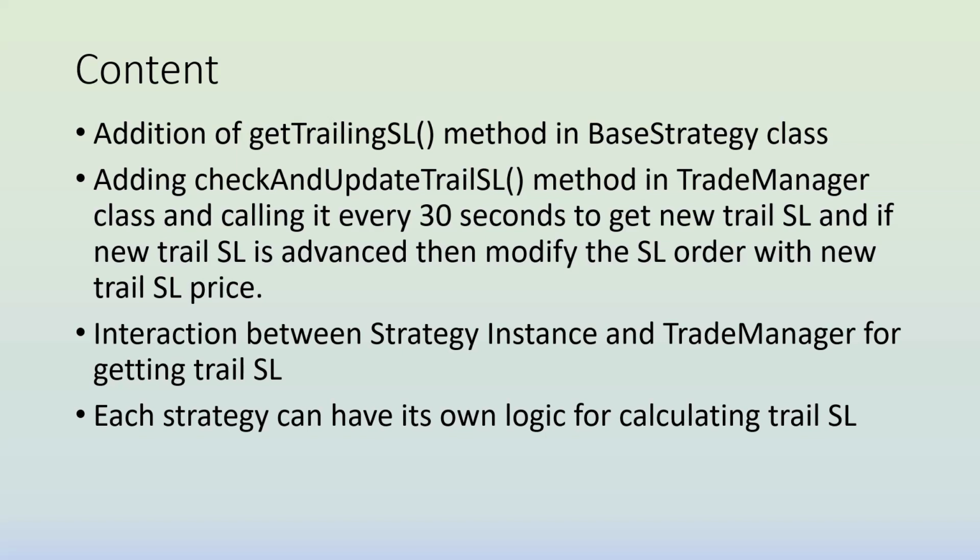Each strategy can have its own logic for calculating trail SL. Some strategies may trail based on some moving average, some strategies may trail based on a fixed SL percentage. In this video I am going to explain trailing based on some fixed points movement from your entry.